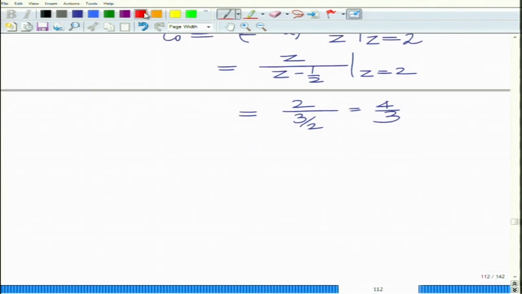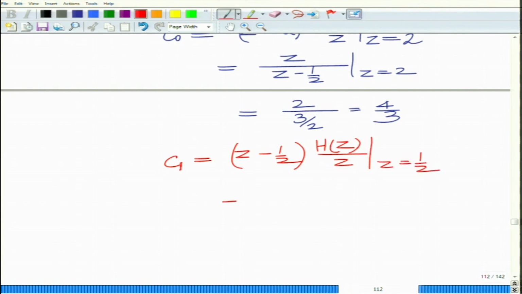Now, similarly, C1 equals z minus half into H(z) over z evaluated at z equal to half, which is equal to z divided by z minus 2 evaluated at z equal to half.